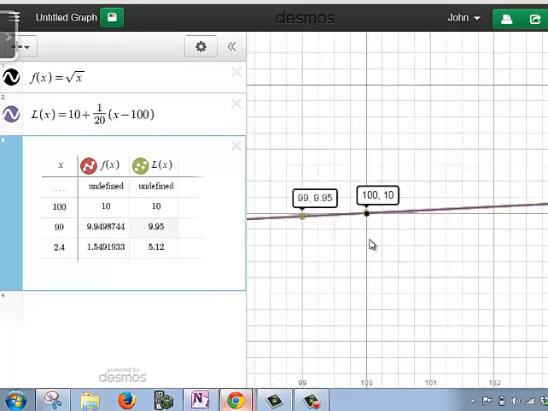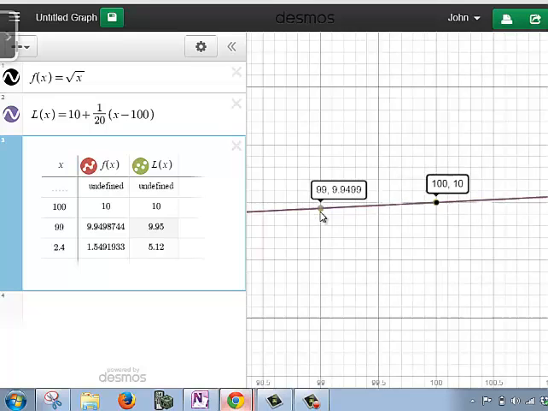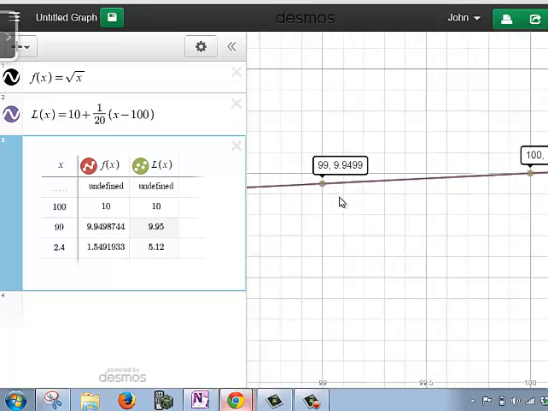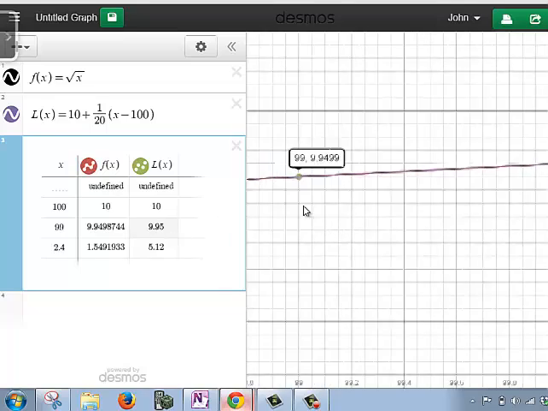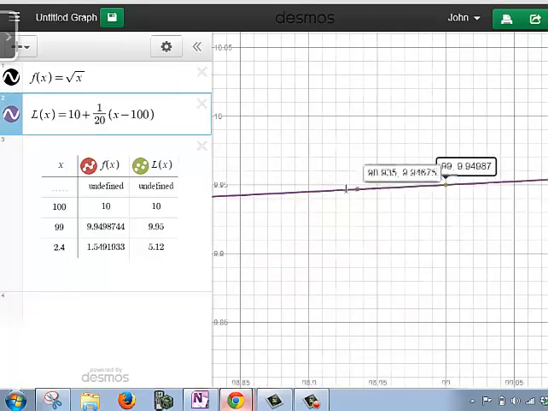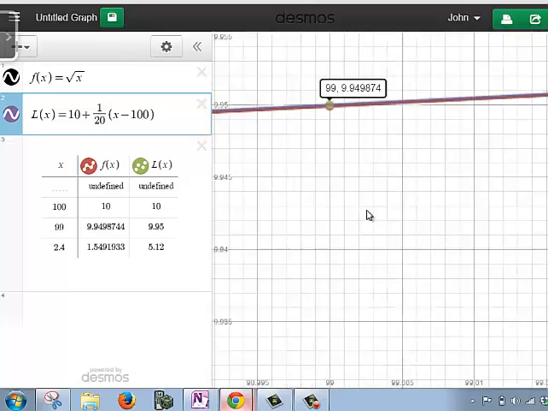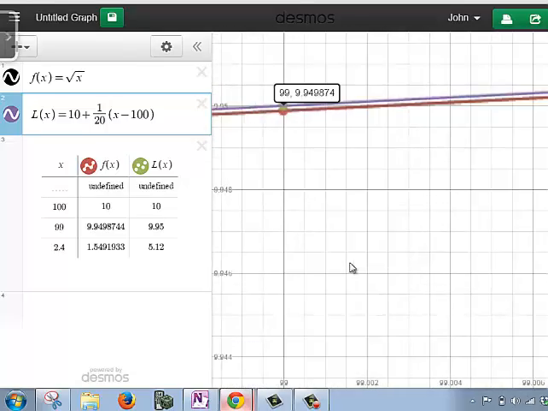But you can see when we zoom in here that the difference between the two functions is pretty small. They're right on top of each other at 99. And if we keep zooming in, we can maybe see the two values break away. Here we go.